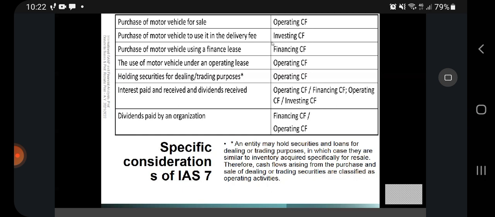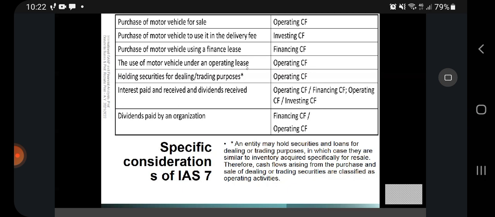That means that usually the same transaction made for different purposes, it's going to be categorized under different categories and activities of cash flows. The use of motor vehicle under an operating lease, for example, is again an operating cash flow.